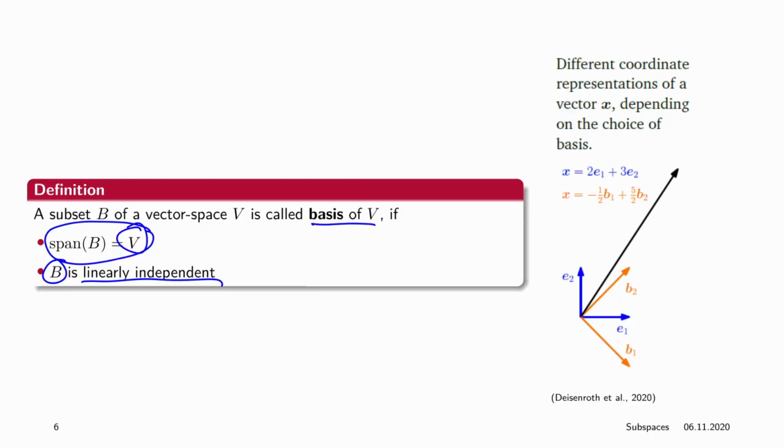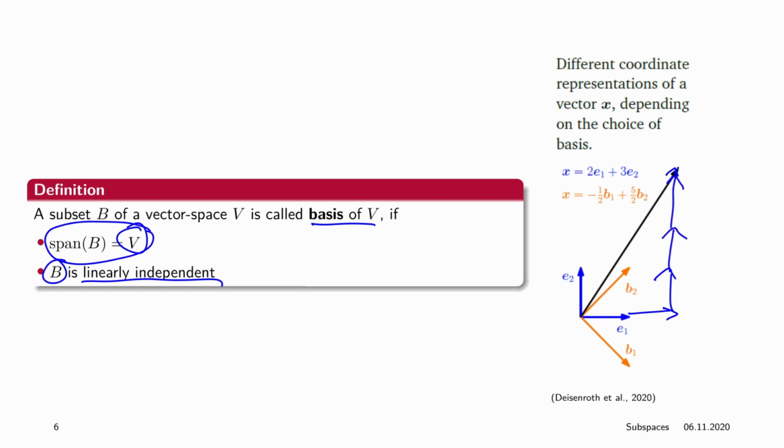Here on the right side we see two examples of different bases of R squared. So this vector here can be represented as 2 times e1 plus 3 times e2.